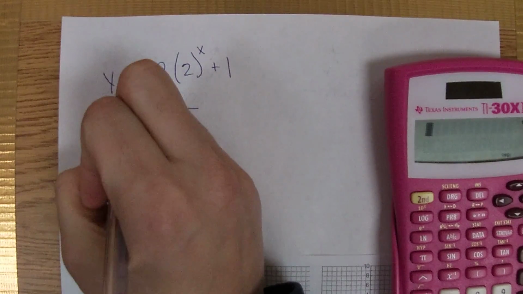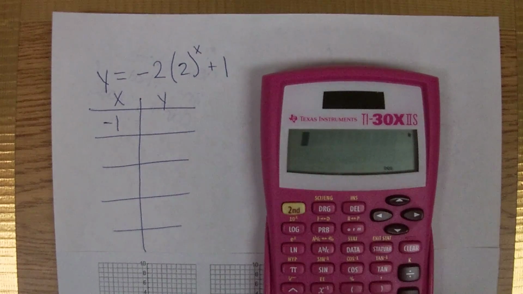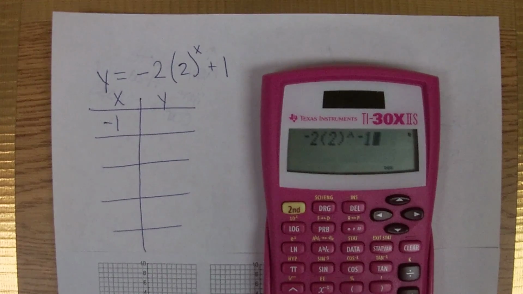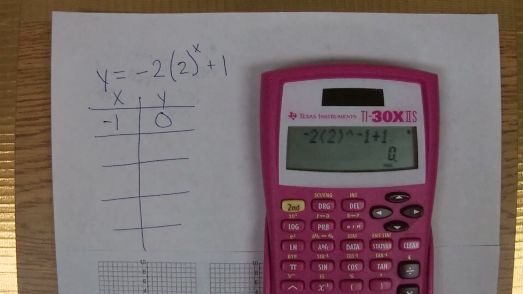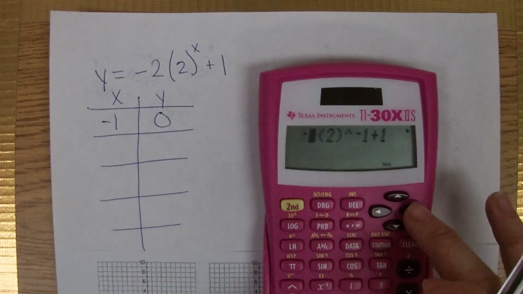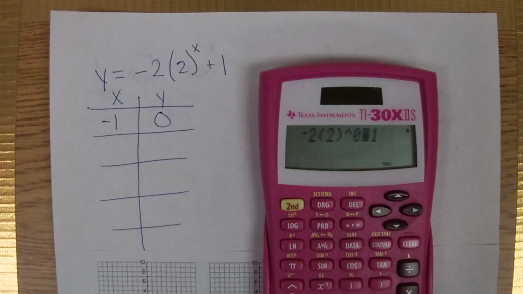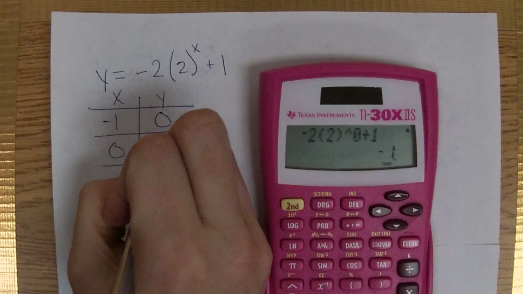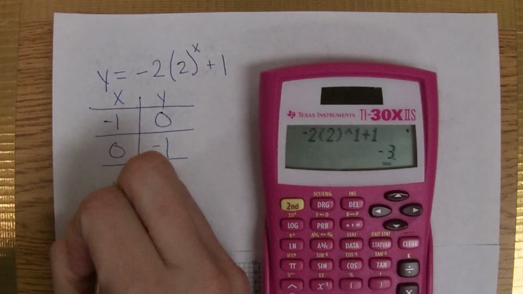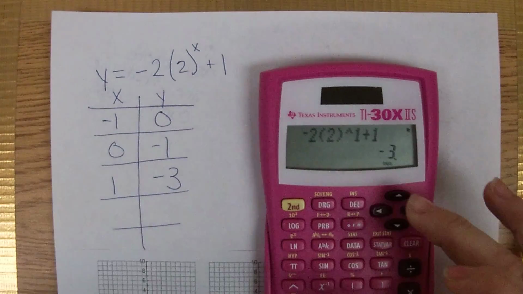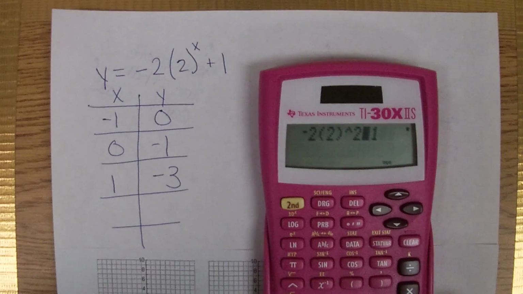Okay, so maybe we plug in -1. If you're using your calculator, you have to be kind of careful here. So -2 times 2 to the -1st. It's going to give us 0. Then maybe we plug in 0, 1, and 2.